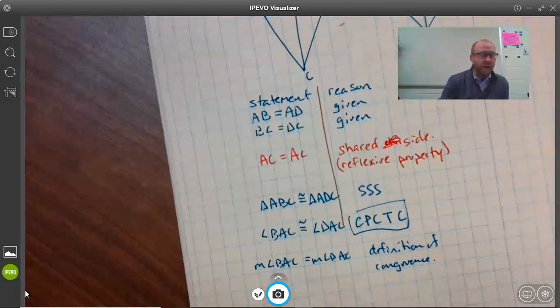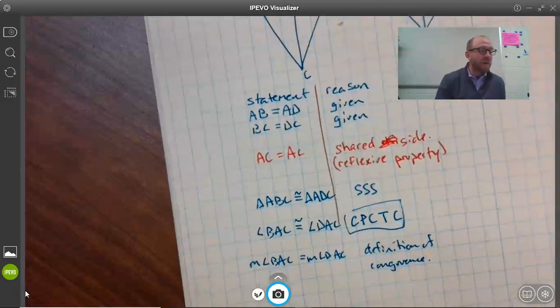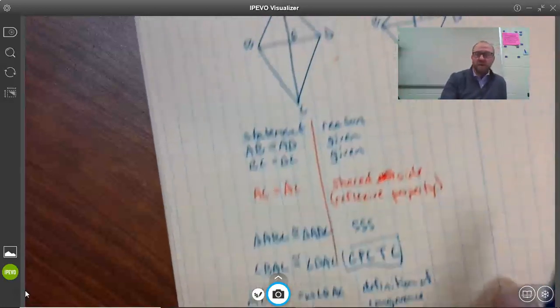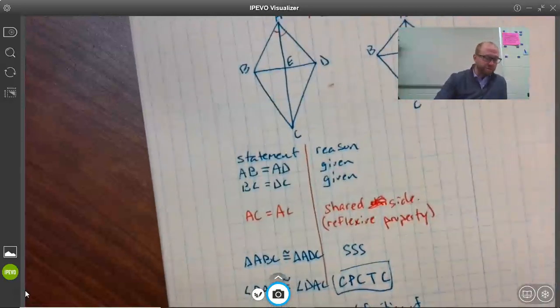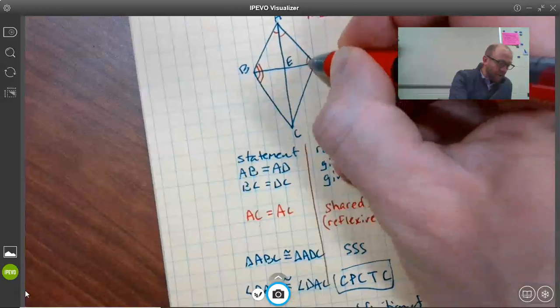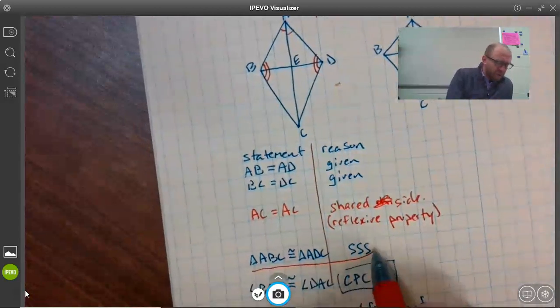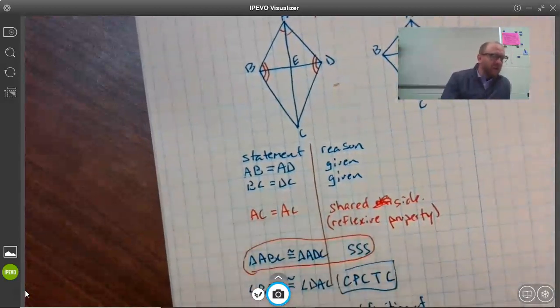All right, so there we go. That's our proof. Now, up to you is to use a similar proof to show that angle ABC is congruent to angle ADC. So that's your job. Also, we got this question here.